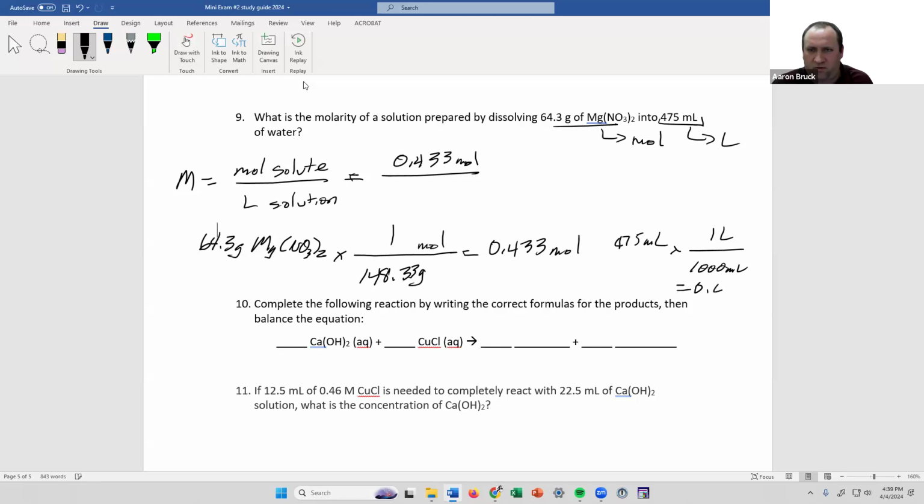So this would be 0.475 liters. Now, 0.433 divided by 0.475. The three significant figures would be 0.912.